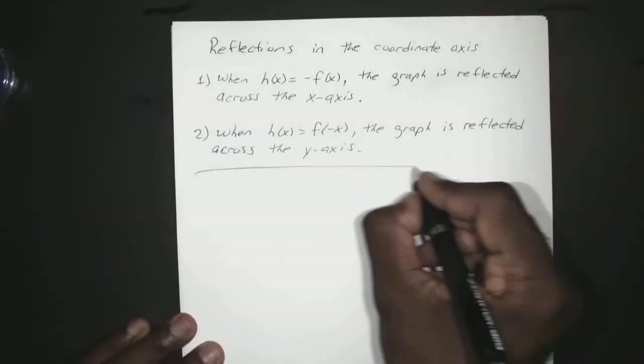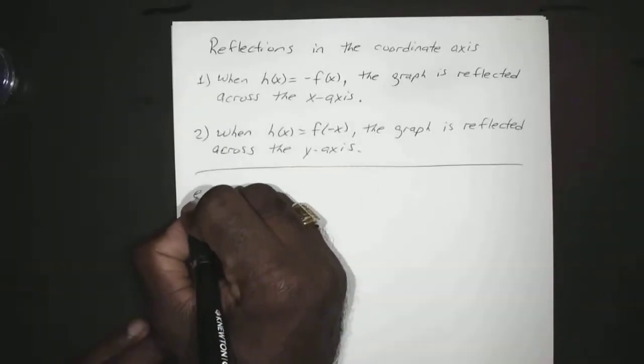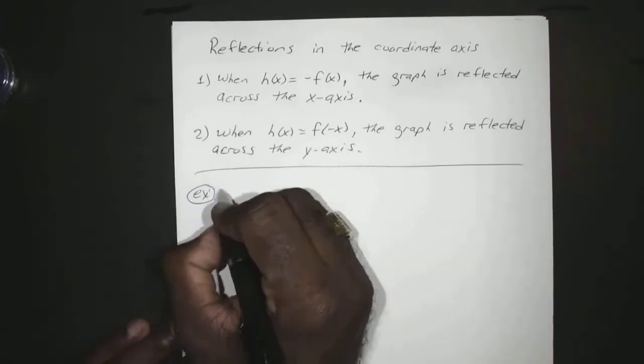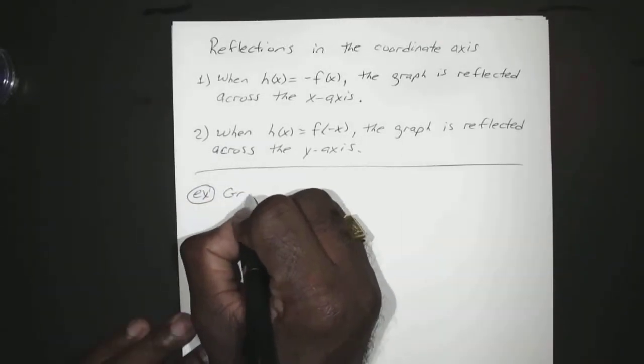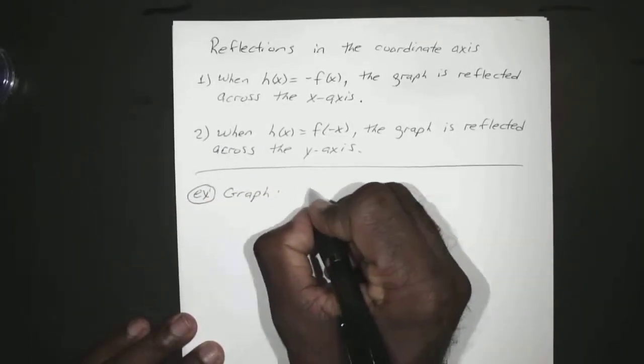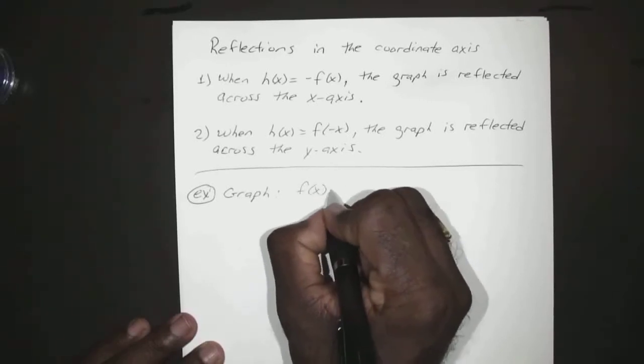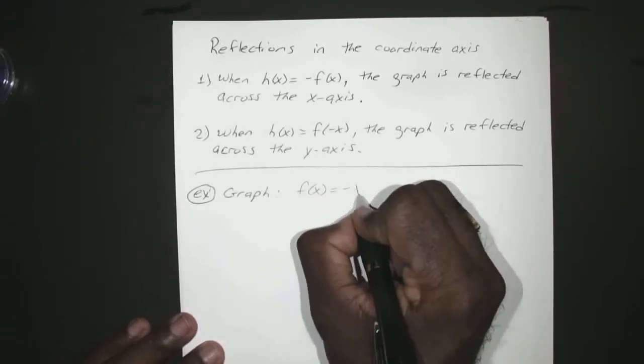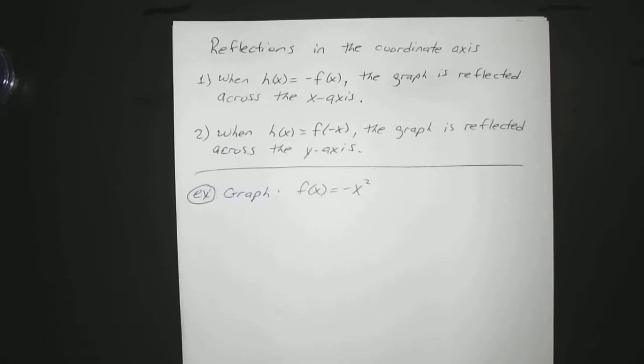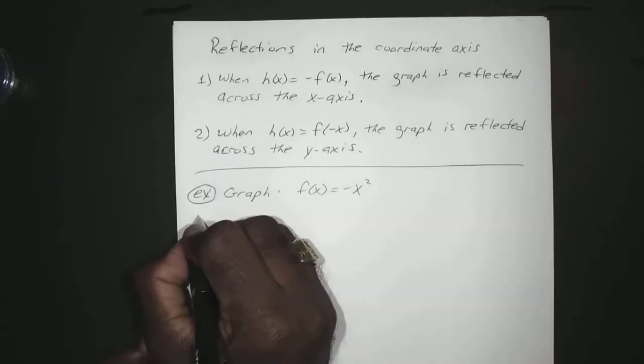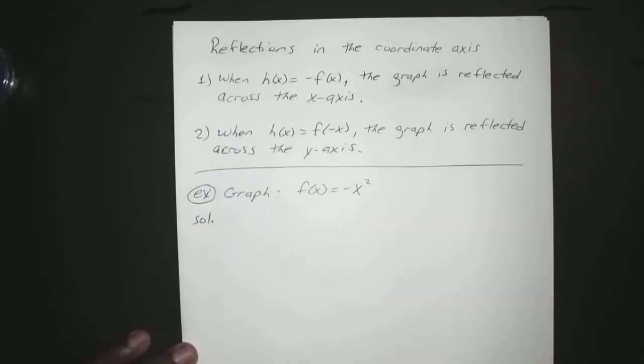Okay, so let's say, for example, if we wanted to graph f of x equals negative x squared. Okay.